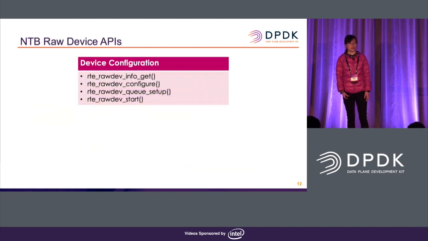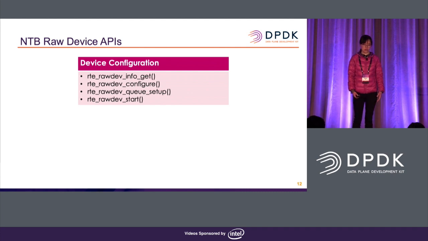If you want to use the NTB device in the DPDK framework, first, after the driver probes and the link is up, you need to configure the device. These three functions need to be called in order.